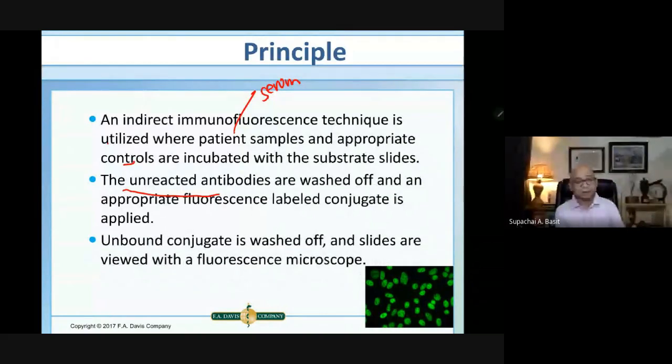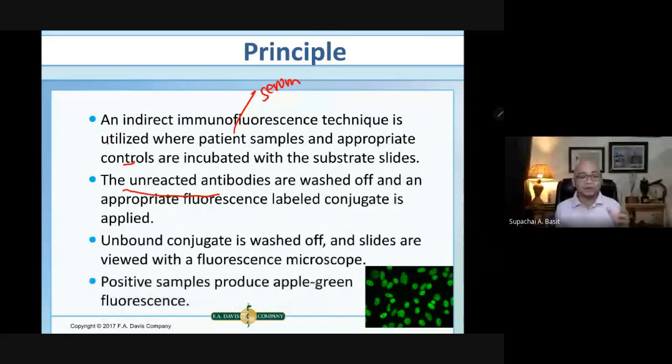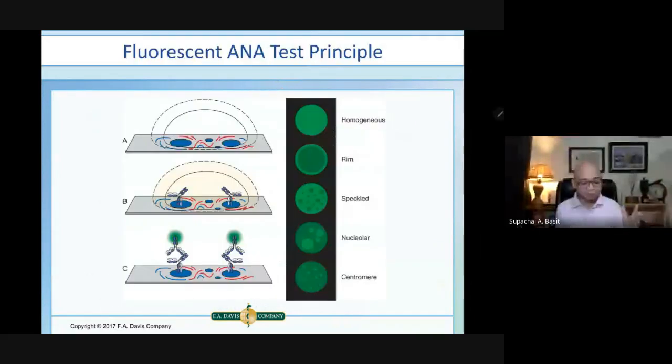Unbound conjugate, meaning those that are not able to form an immune complex, will be washed off, and the slides are viewed with a fluorescence microscope. A positive sample will produce an apple green fluorescence. So this is the principle, no?